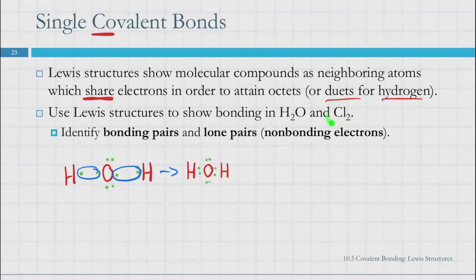For Cl2, we've got 2 chlorines. They're each going to have 7 valence electrons. And these can also share 1 electron to form Cl2.